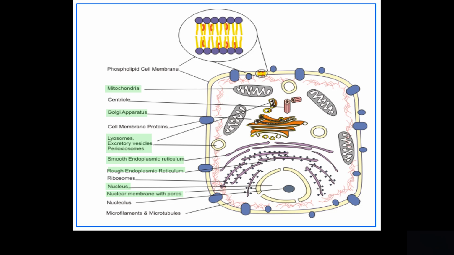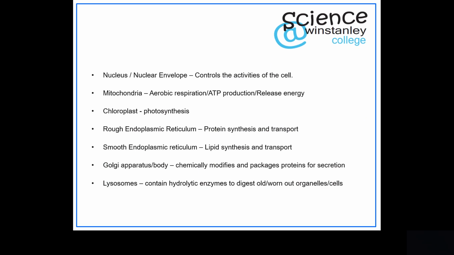Okay, so it's very important you can label the overall structure of a membrane, talk about what each bit does, but also give some examples of the organelles inside a cell that have membranes. If this was a plant cell, chloroplasts and vacuoles would also have membranes. So again, a little summary there, just kind of telling you which organelles have got membranes.